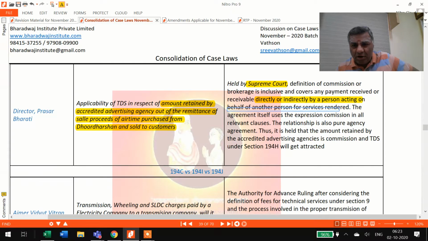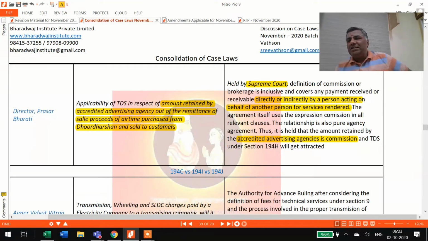The agreement itself uses the expression commission in all the relevant clauses. The relationship is pure agency. Thus, it is held that the amount retained by the accredited advertising agencies is commission and TDS will get attracted.